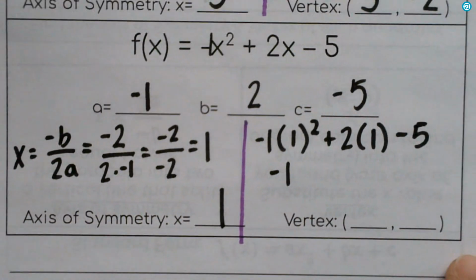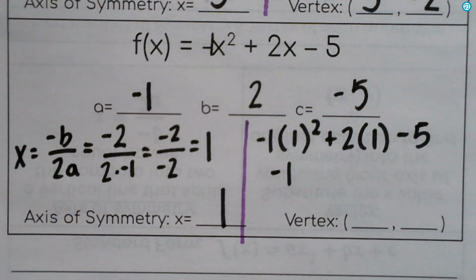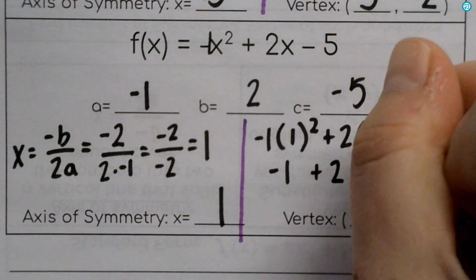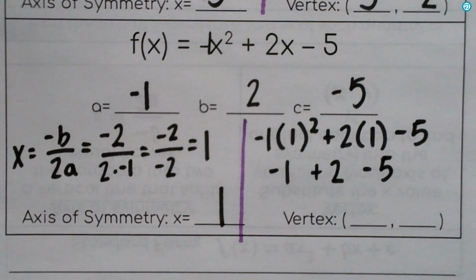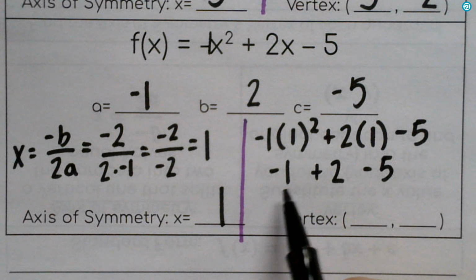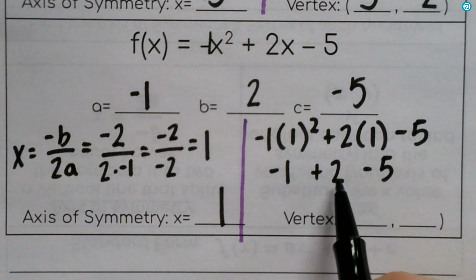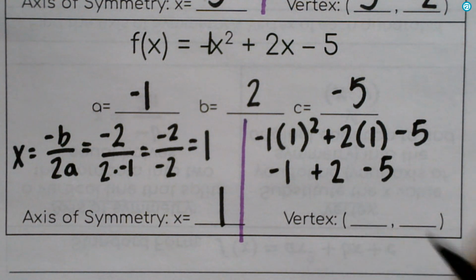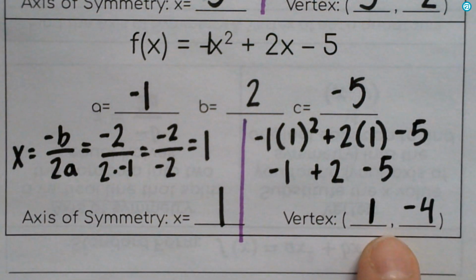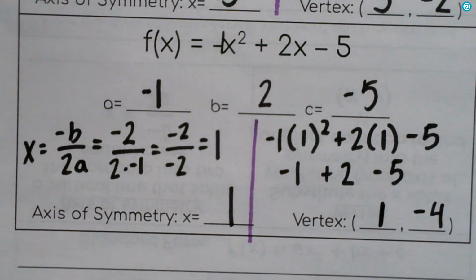Because I do my exponent and then my multiplication, it gets multiplied by the negative after. 2 times 1 is 2, and I've got minus 5 here. I've got negative 1 plus 2 minus 5. Negative 1 plus 2 is 1. 1 minus 5 is negative 4. So that's my y value. I already had my x value. It was 1. I just didn't write it down yet.